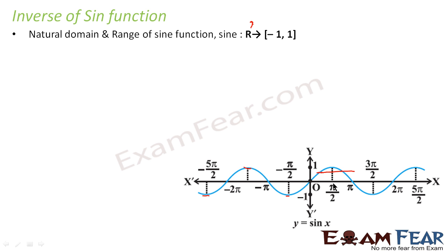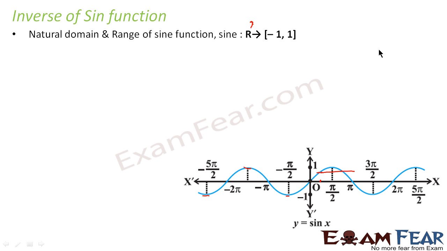Because if we take 0 to pi range as a domain, you see that two values, here it is pi by 4, and here it is pi by 2 plus pi by 4, both have the same value of sine.